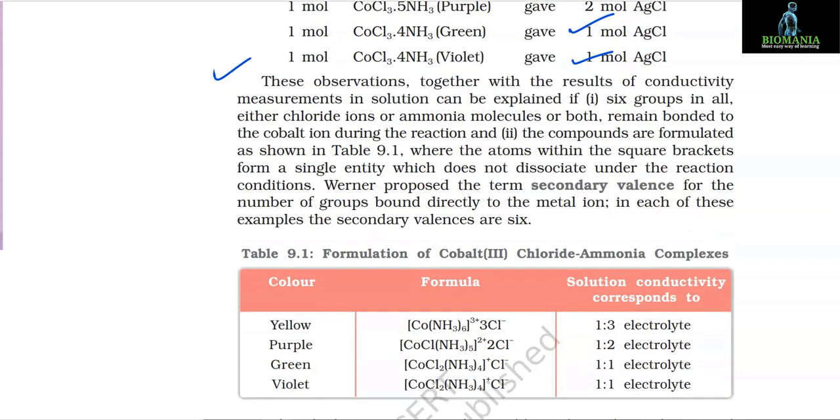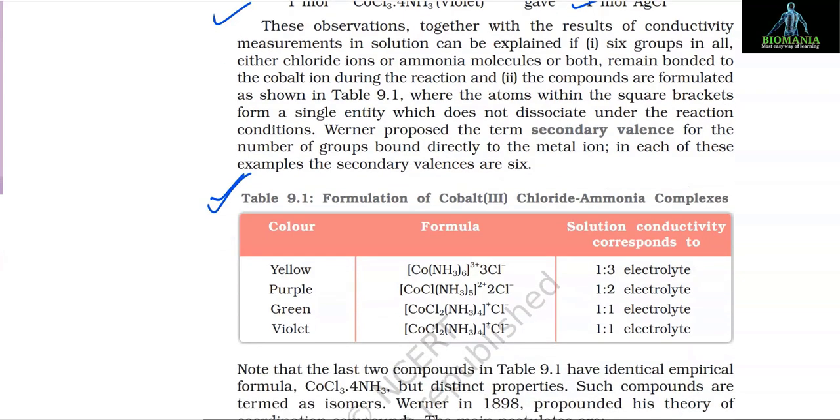These observations, together with the results of conductivity measurements in solution, can be explained if, one, six groups in all, either chloride ions or ammonia molecules, remain bonded to the cobalt ion during the reaction, and two, the compounds are formulated as shown in Table 9.1, where the atoms within the square brackets form a single entity which does not dissociate under the reaction conditions.